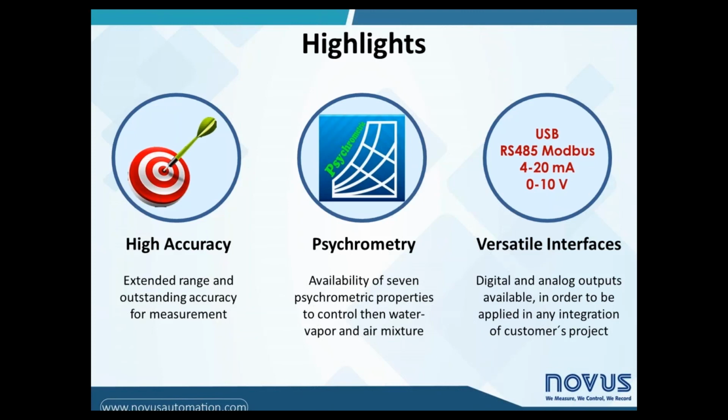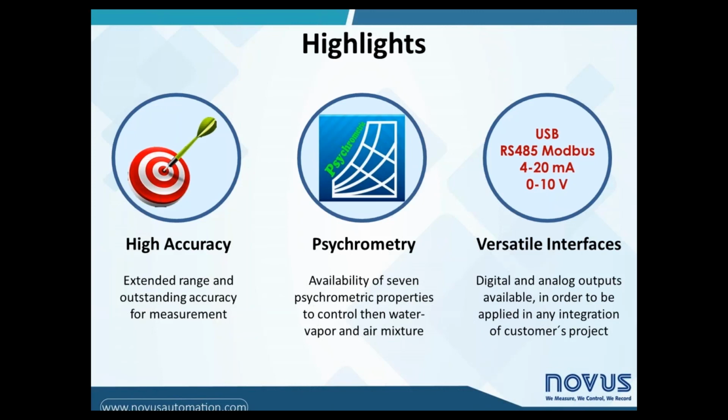The last main feature is the versatility of interface to interact with the device. It has a USB port used for device configuration or commissioning. The RS485 interface, which is optional, with Modbus RTU protocol, allows integration with customer automation systems for getting all variables at once.